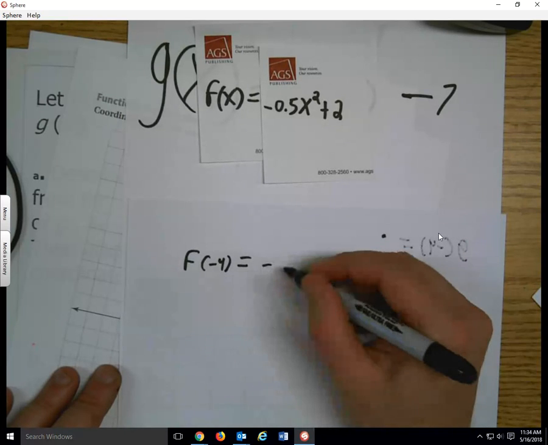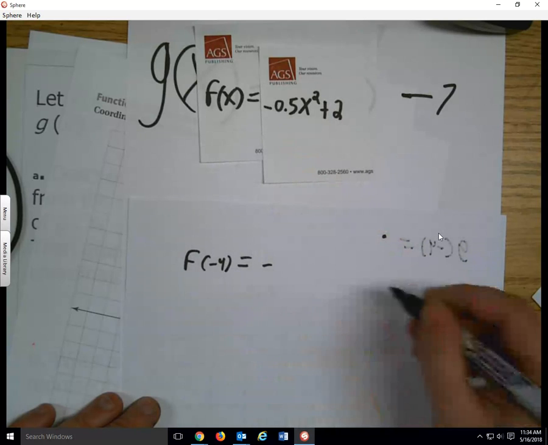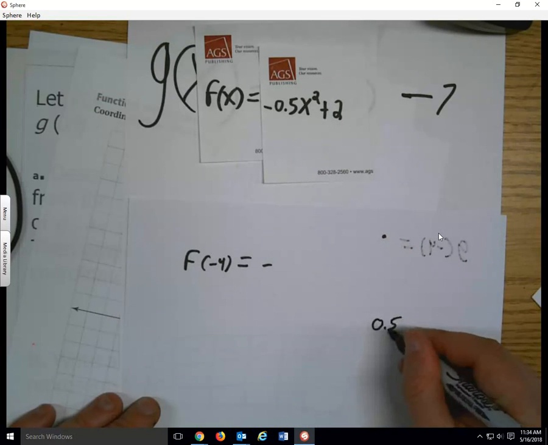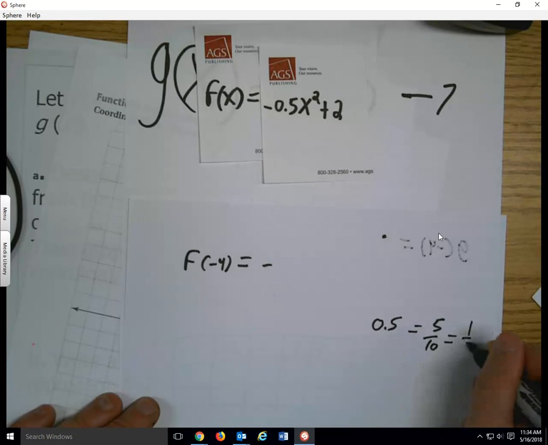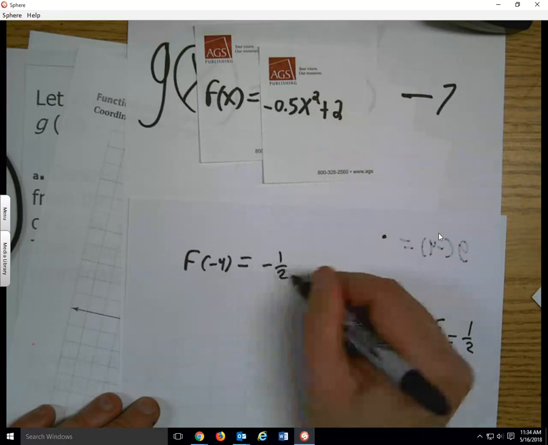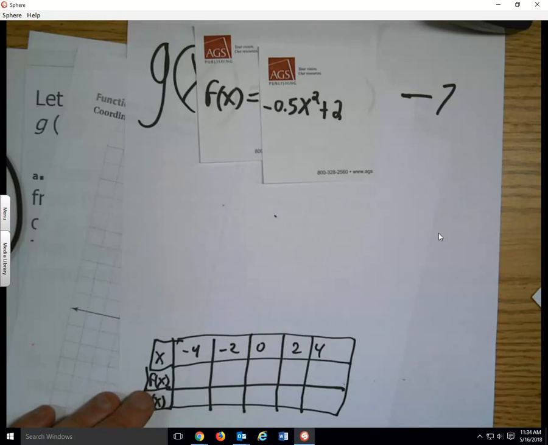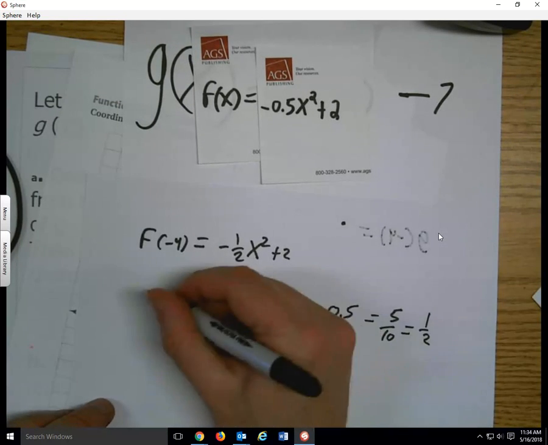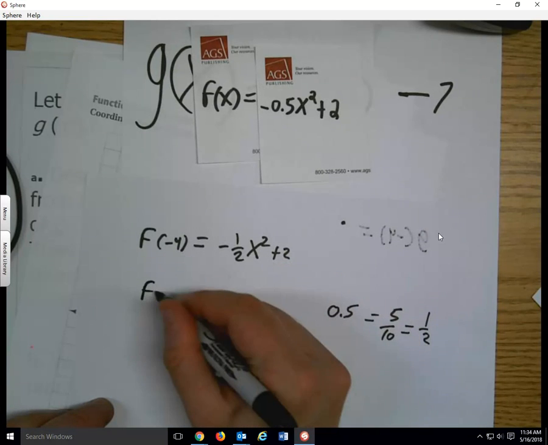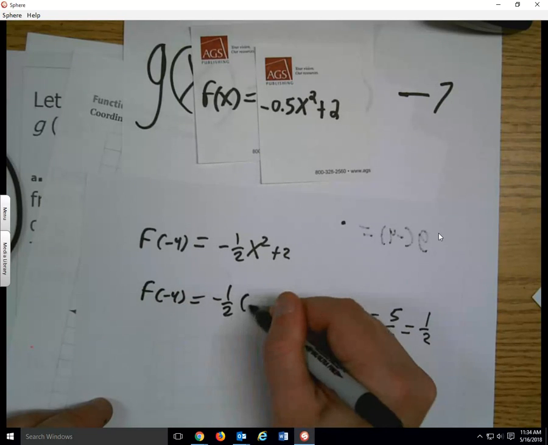f of -4 equals a negative 0.5. We need to convert that to a fraction so we can do this. 0.5 is the same thing as 5/10, which would equal 1/2. So f of x is negative 1/2 x squared plus 2. The first number we're going to substitute in is -4. So instead of an x, we substitute in a -4.